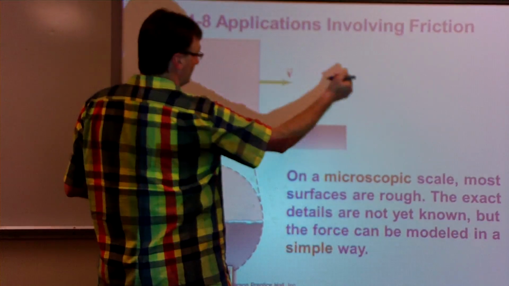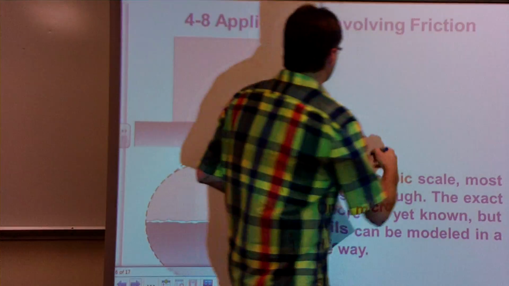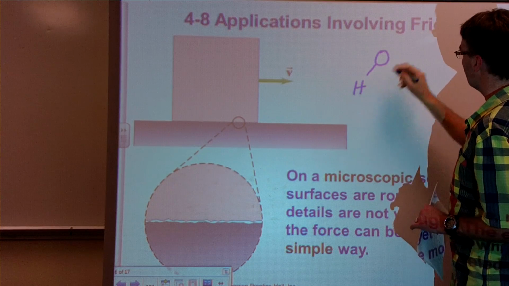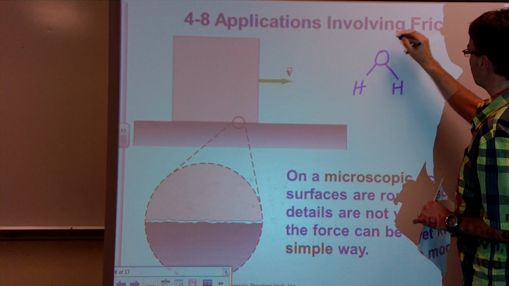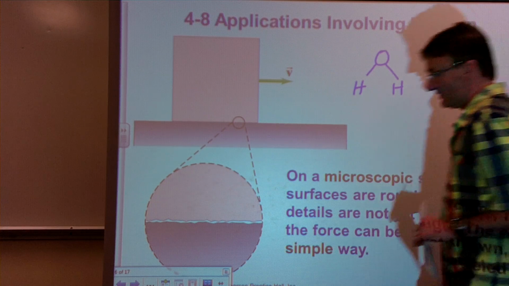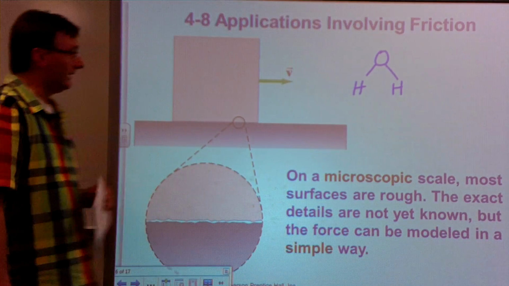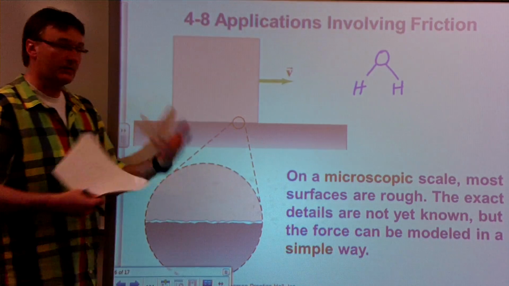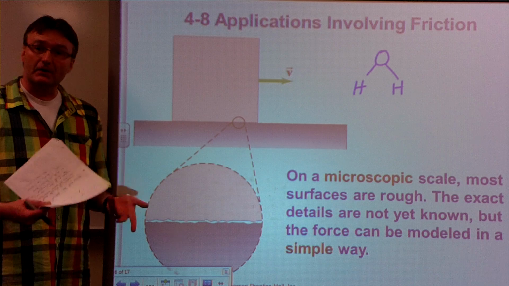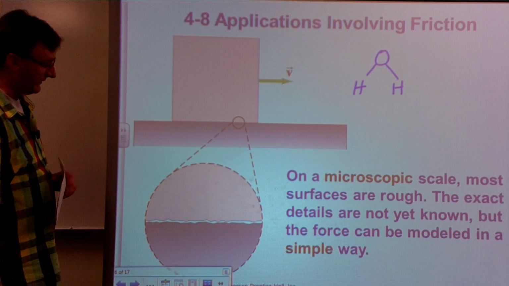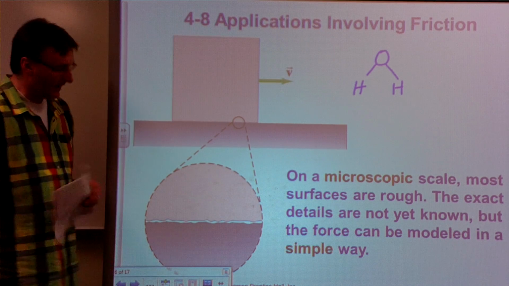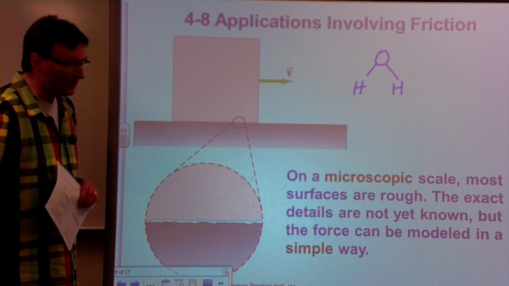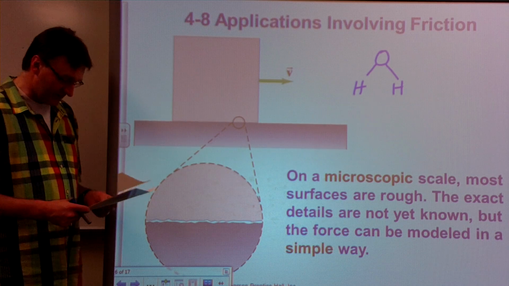For example, take water, H2O: you have an oxygen atom attached to two hydrogen atoms, like so, and you can see there are angles there. So even water, as it flows over top of itself, also has friction associated with it. So that's the basis behind friction, and unfortunately we can't get away from it in our world. That's the way it's been created.